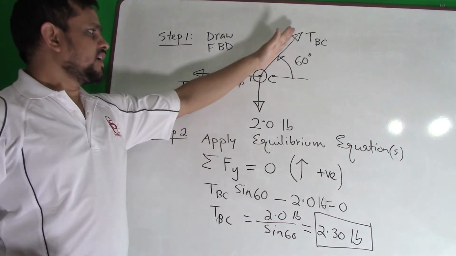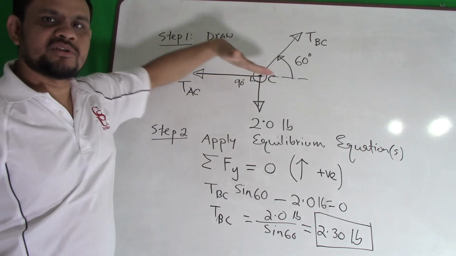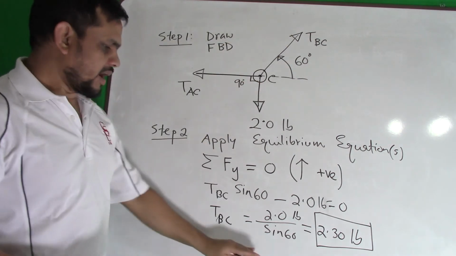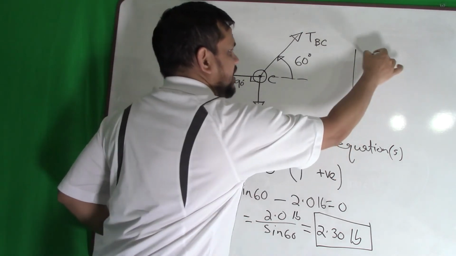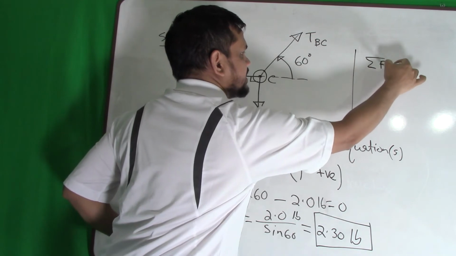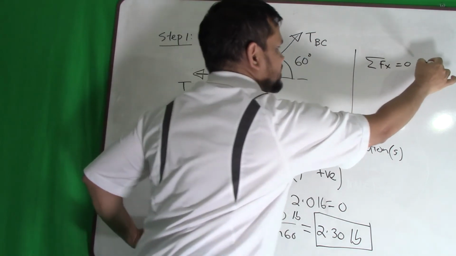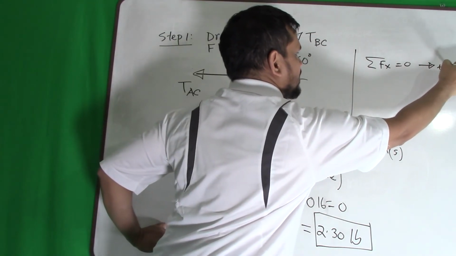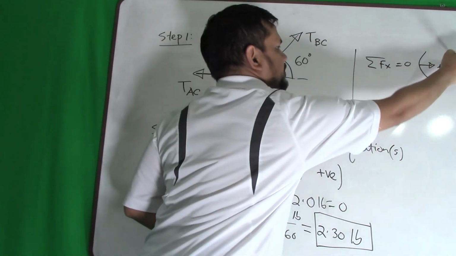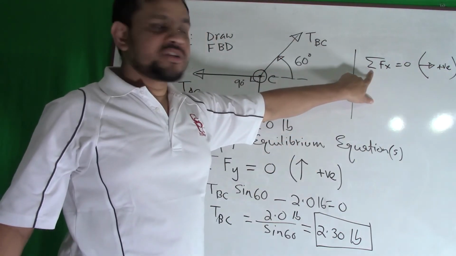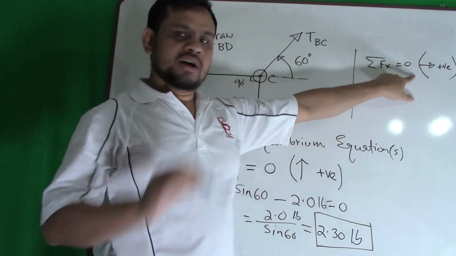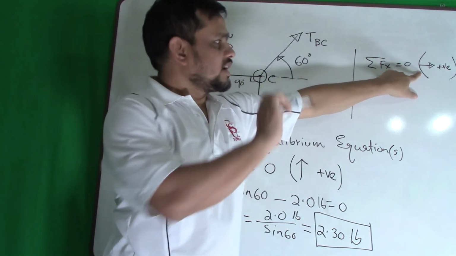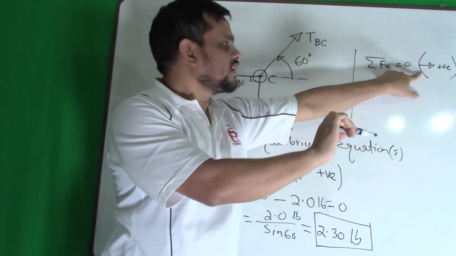Once I find this force, now I can apply summation of Fx. I have no space here, so I will go up. Now I will apply summation of Fx equals 0, with this way positive. This is the summation of force along the x direction equals 0. Arrow that way means the right side I am assuming positive.